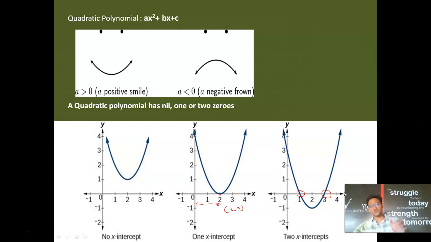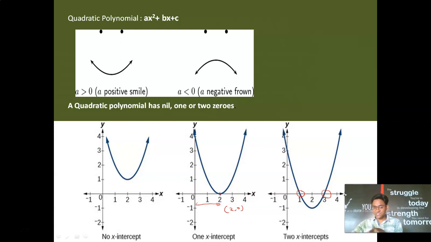Zero will also be stated as roots when we will be studying the quadratic equation. Okay students, so these three cases denote the zeros of a quadratic polynomial. Clear students?